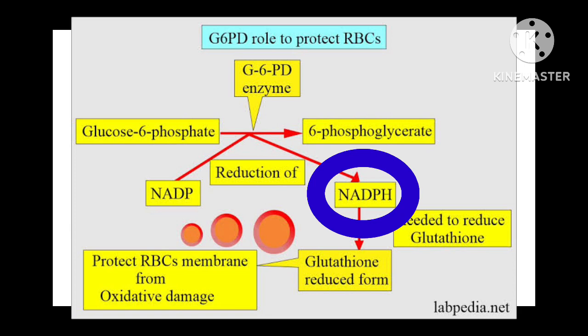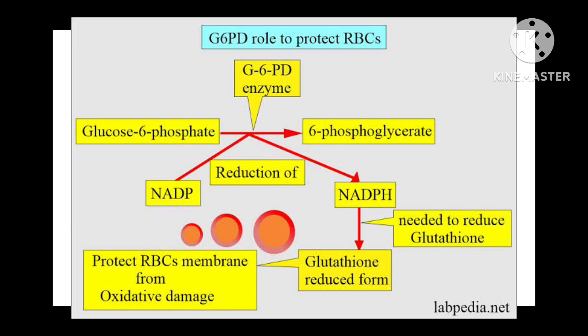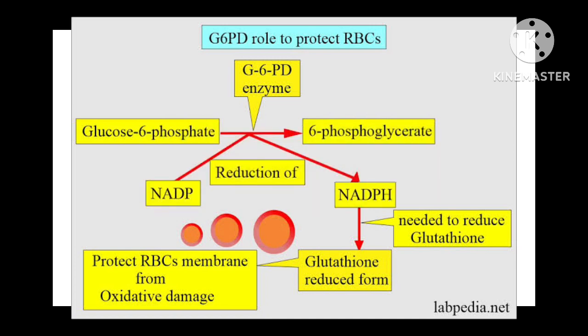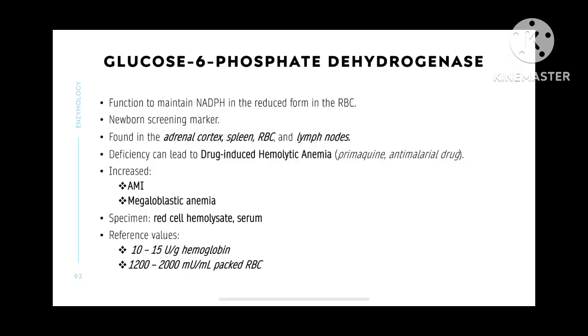What is NADPH again? It stands for nicotinamide adenine dinucleotide phosphate. NADPH is needed because it will reduce glutathione and so it protects the red blood cells from oxidative damage.